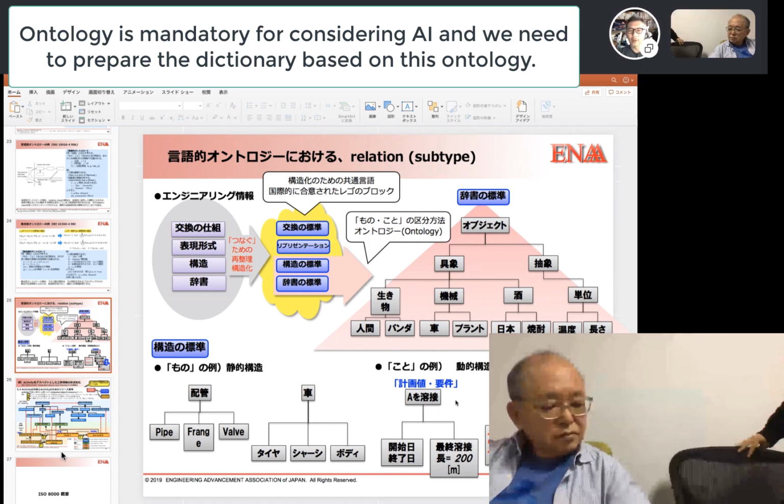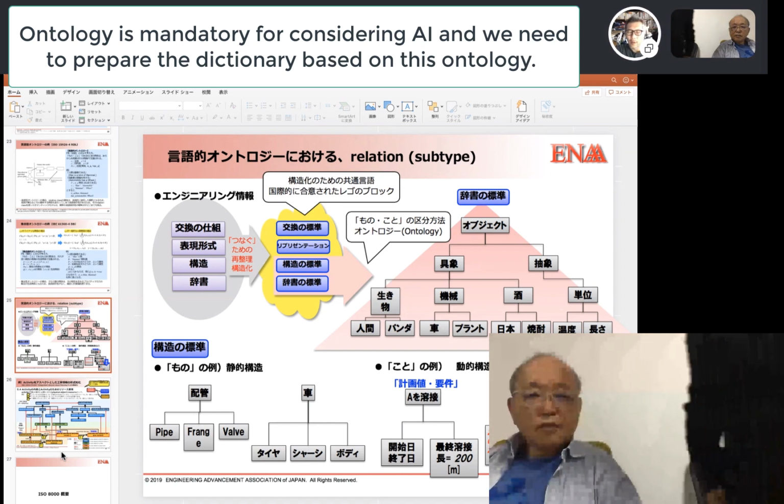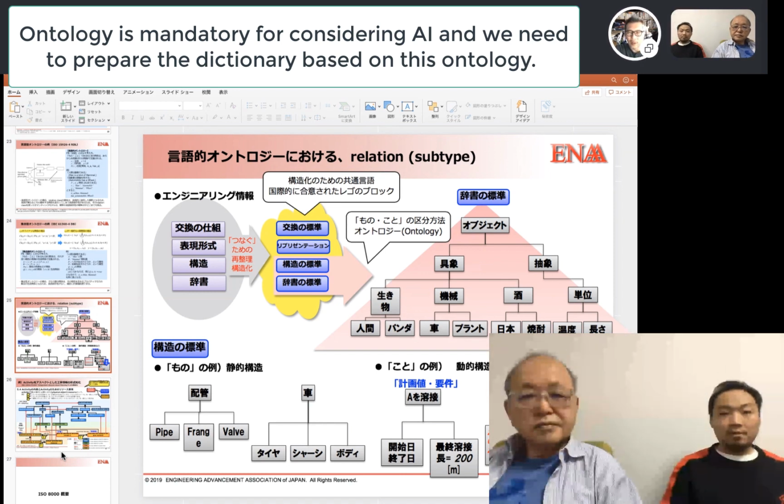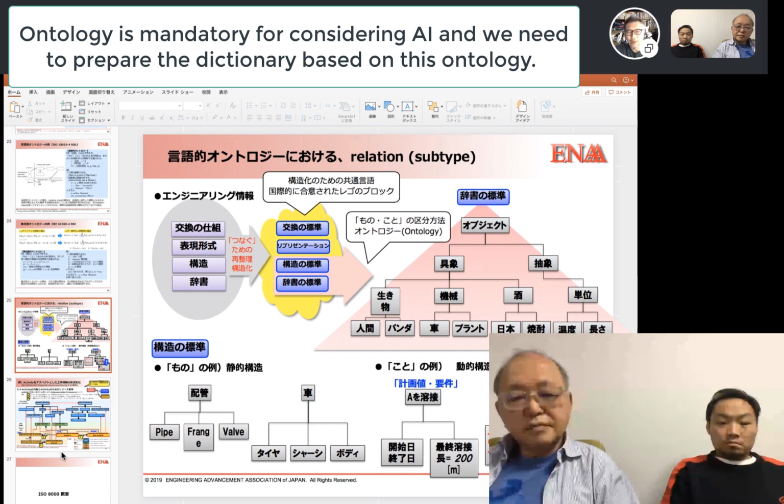But during the power plant construction, there should be an instance based on this requirement. That means there is an actual starting date here and an actual planned finishing date here, and also the current length of the completed welding here.